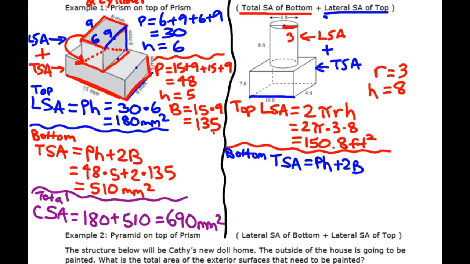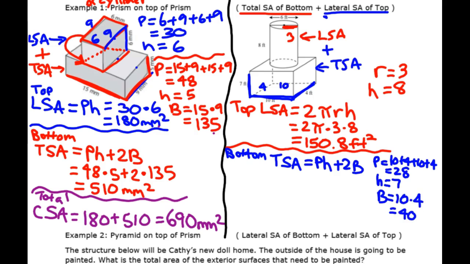So if I have 10, 4, 10, 4, perimeter is adding up all those numbers, and I get what? 28. The height of the bottom prism up and down here is 7. And then big B, area of the base, I take the 10 and the 4 and I do 10 times 4, which is 40.